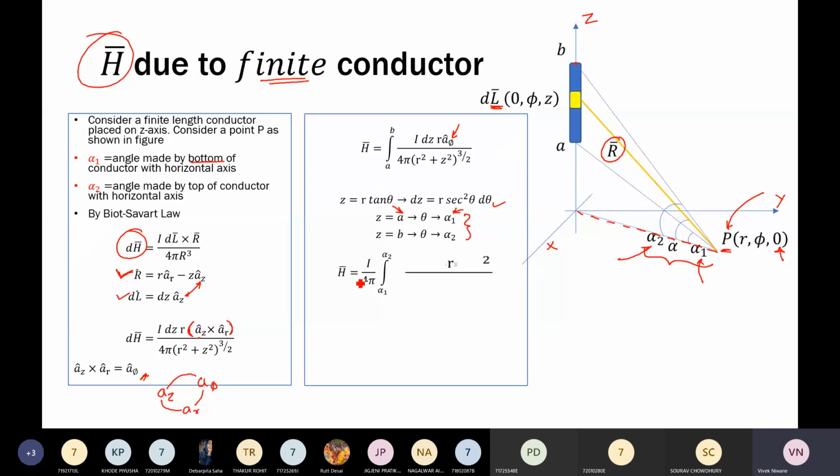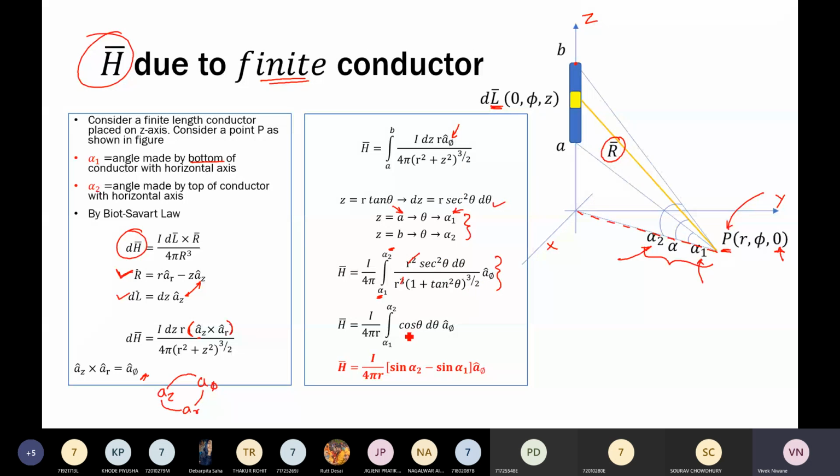We will have H bar is equal to, taking the constants outside the integral, I upon 4 pi integration alpha 1 to alpha 2, and we have replaced all the terms with our assumption. So r square, and only r is remaining in the denominator, sec square theta d theta upon (1 plus tan square theta) raised to 3 by 2 a phi cap.